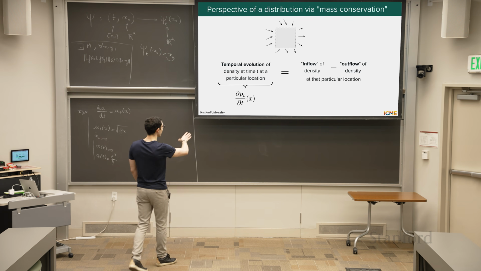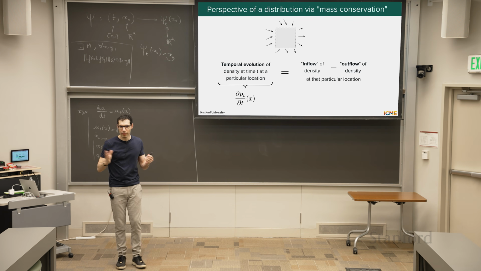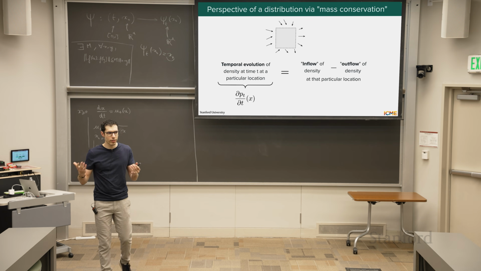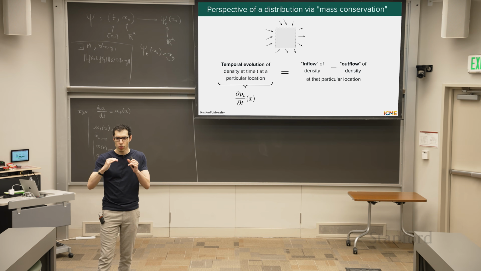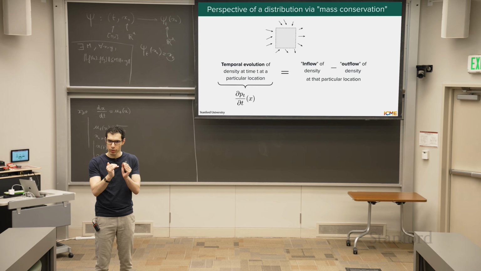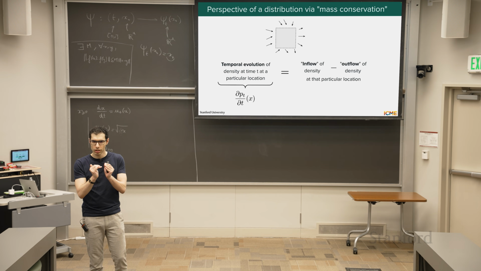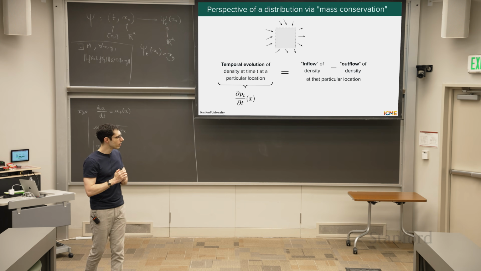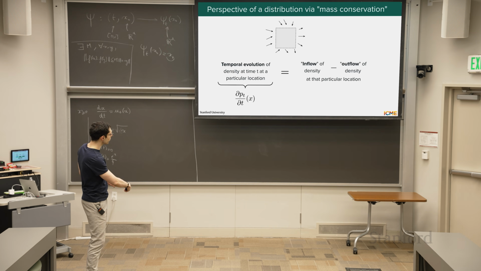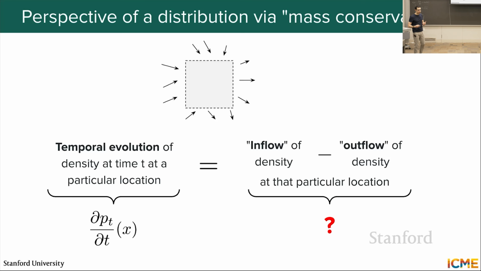So the left-hand side is kind of easy. It's just a partial derivative of your probability path at that region with respect to time. But then the right side, I don't know about you, but very intuitively, there's not like a supernatural operator that does that.